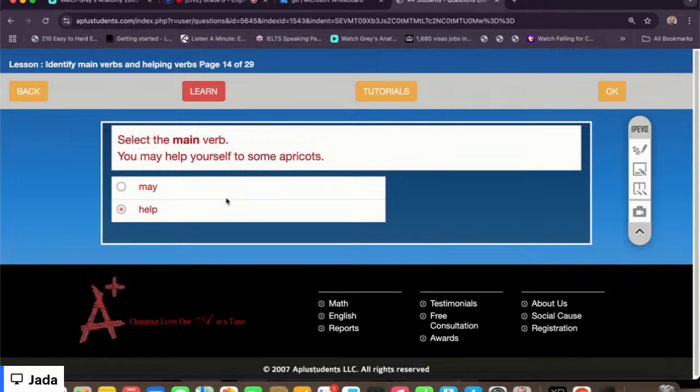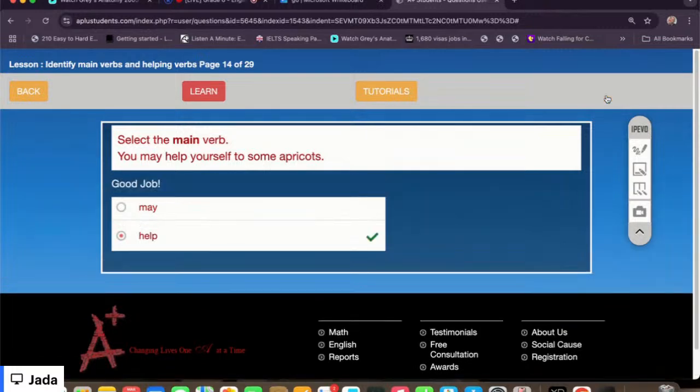All right, so we have help as the main verb here.